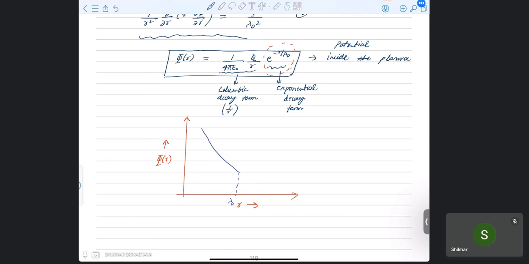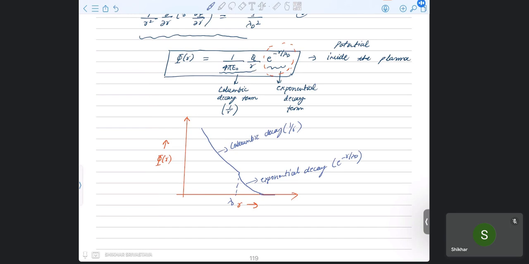After the Debye length, it will start decaying exponentially. So up to the Debye length it decays through Coulombic decay, like 1 by r. Outside it will decay as e to the power minus r by lambda D. That is the difference.